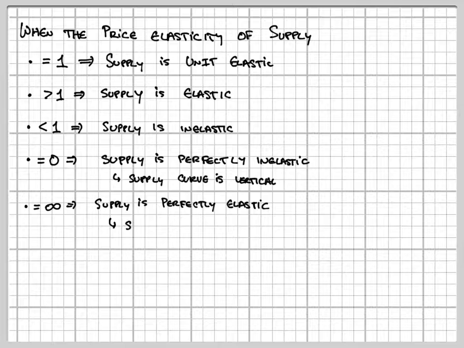And this is where the supply curve is horizontal. So in the next set of notes, I'm going to show you graphically what this looks like. But again, once you know how to compute one elasticity, you can compute any of them because the formula is the same.